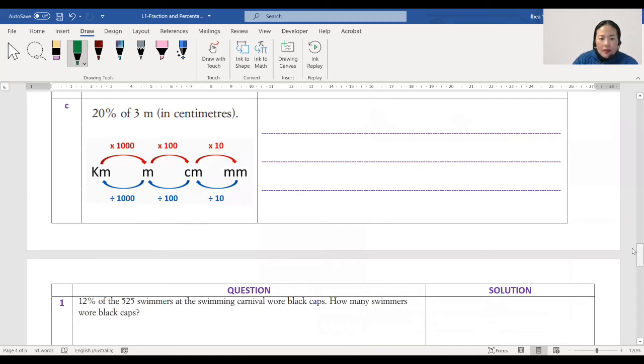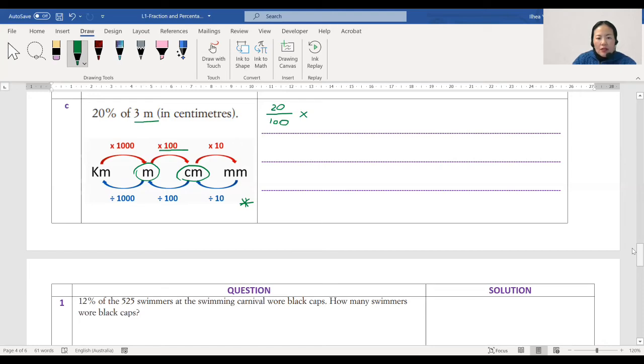Part C. Okay, we need to convert 3 meters to centimeters. Again, we've got this unit diagram. Meters to centimeters is times by 100. Now, if you didn't know, could you please memorize this, because it's really useful. So for 20%, I'm going to use 20 over 100 times, of is times.